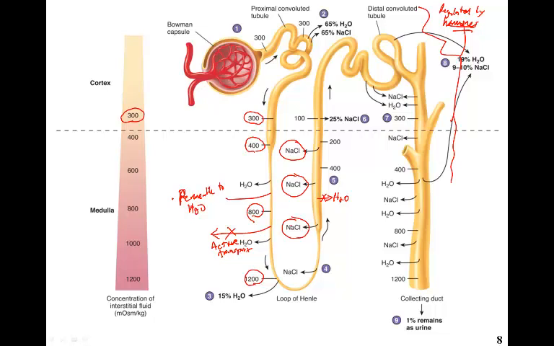The body doesn't change what those cells are doing. They're not regulated actively. The DCT and collecting duct, on the other hand, can change how much or little they reabsorb. The way the body changes that is by the action of hormones.